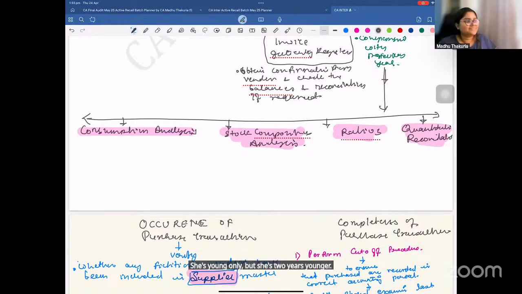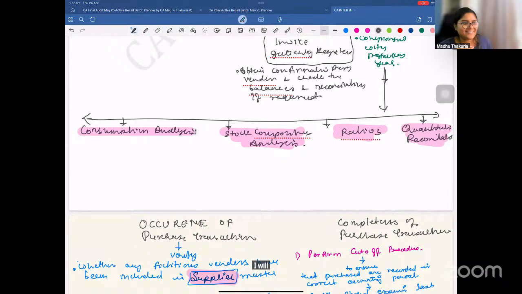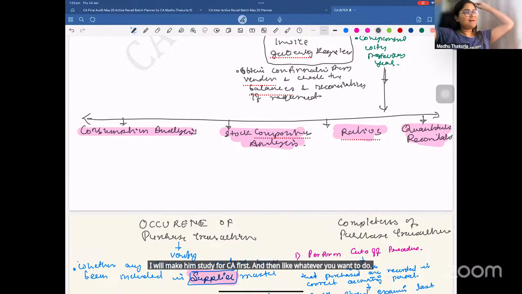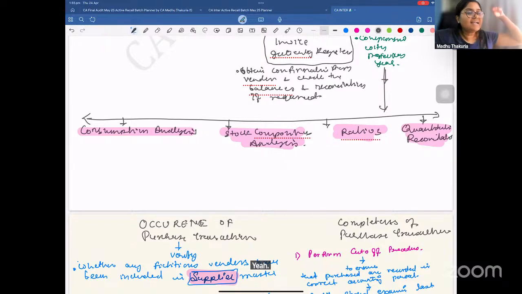I told my sister, I have a nephew, that the moment he reaches his 8th standard, I will make him study for CA first. And then whatever he wants to do, he can do. But some idea about accounting, about how financing works. I really want those kids to be smart about managing their finances. Taxes and everything they can learn later, but at least they will have some idea.